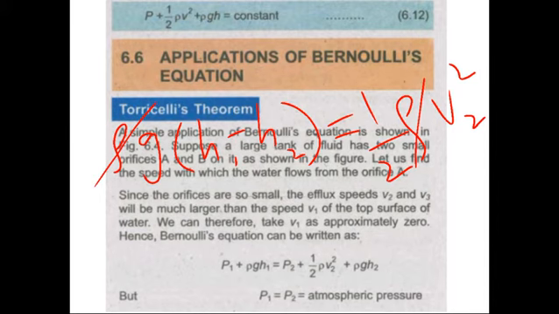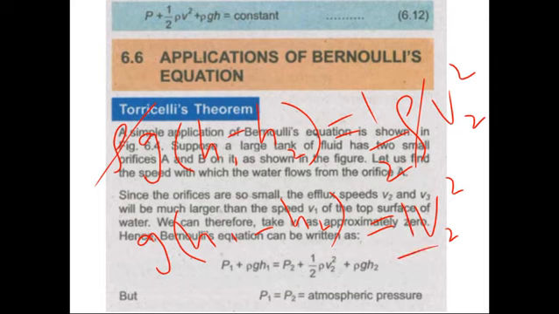And what is left behind? g (h1 minus h2) is equal to half V2 square, 1 by 2. So from this equation, when this 2 comes to the other side in multiplication, it becomes 2g (h1 minus h2) in the numerator. Is it okay? So 2g (h1 minus h2) is equal to V2 square.